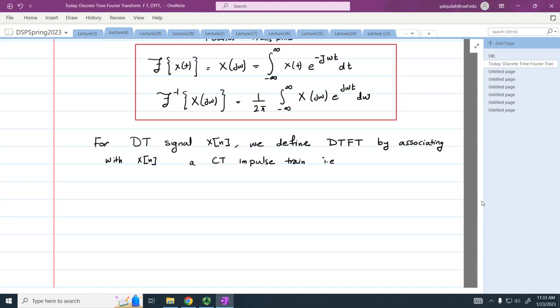So what I'm going to do, I'm going to create a continuous time signal from this x of n using an impulse train. What that means, I'm going to create a continuous time signal x of t that is going to equal the summation from n equal negative infinity to infinity, x of n delta of t minus n times T.